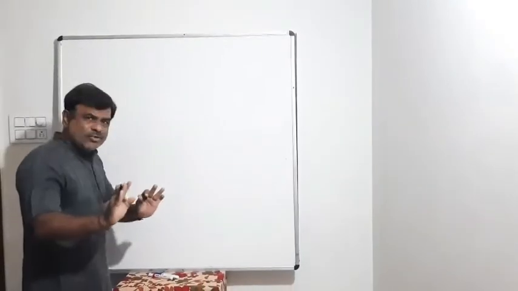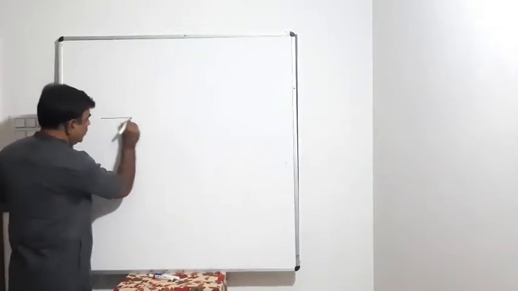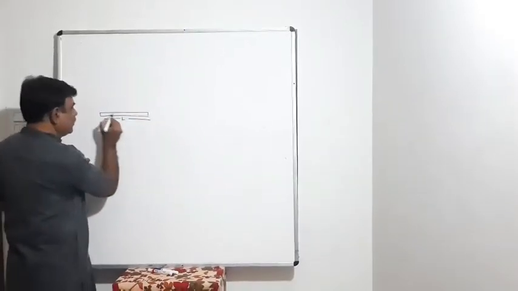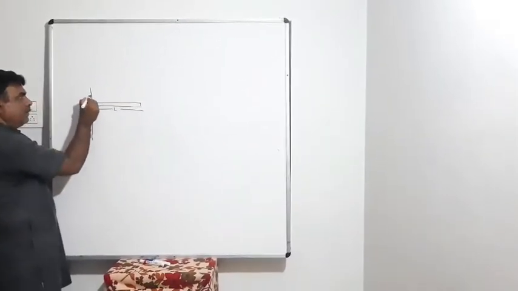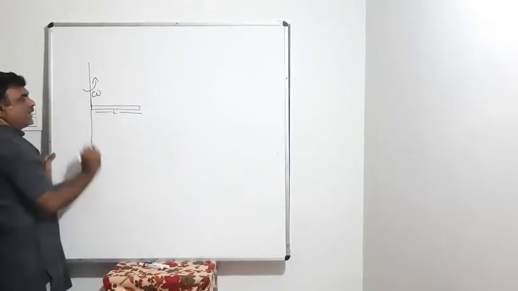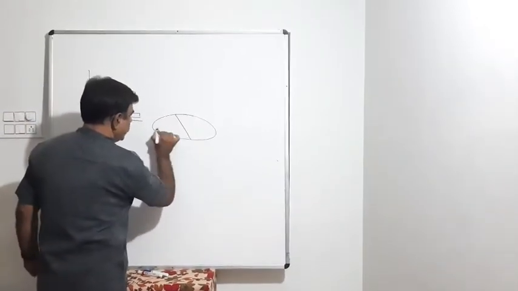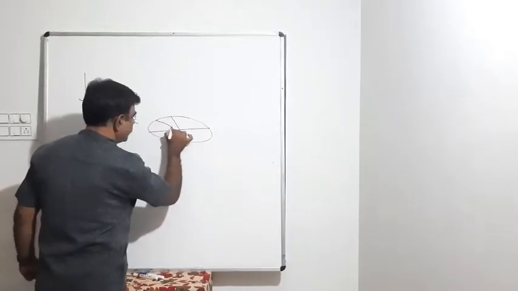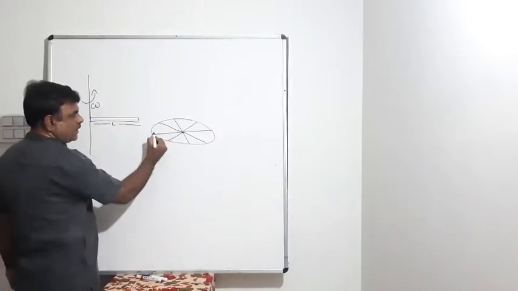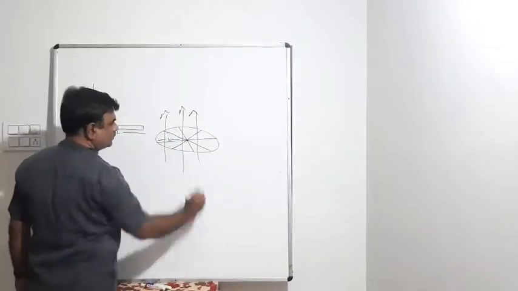Look, all these situations are similar, and you may have MCQs based on this. A rod of length L rotating with respect to its end with angular velocity omega, or a conducting wheel having n number of spokes rotating, each spoke having length L, field is vertically upward.